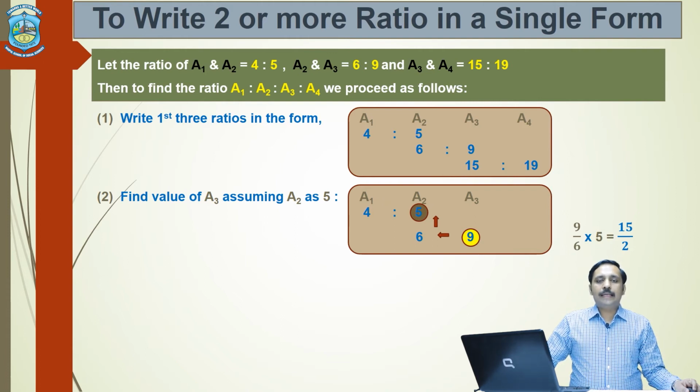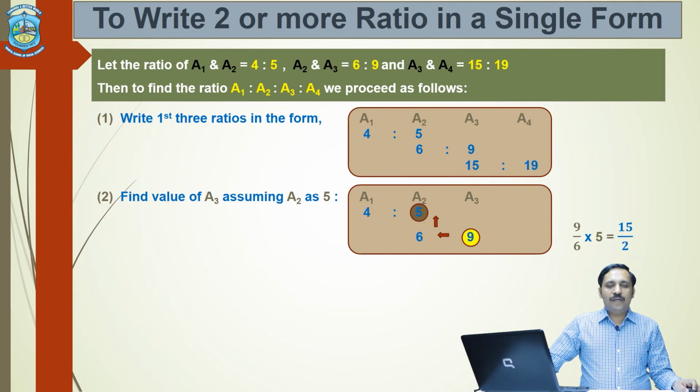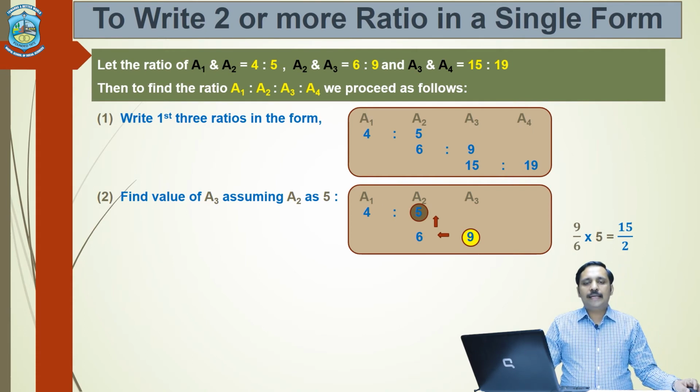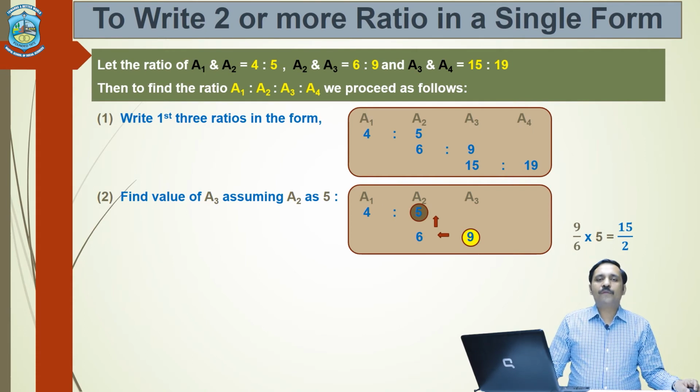How do we do it? 9 divided by 6 multiplied by 5. We divide the value of 9 by its left element and we multiply it by the upper element. So it's 9 upon 6 into 5, that is 15 by 2. This 15 by 2 is set as the value of A3.